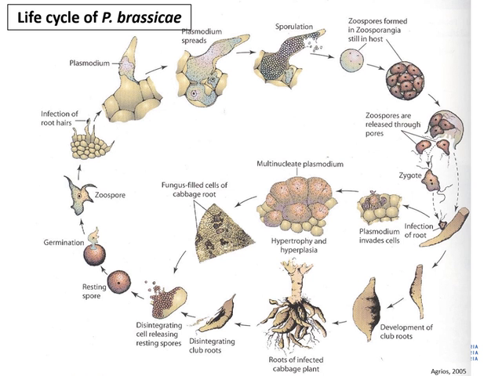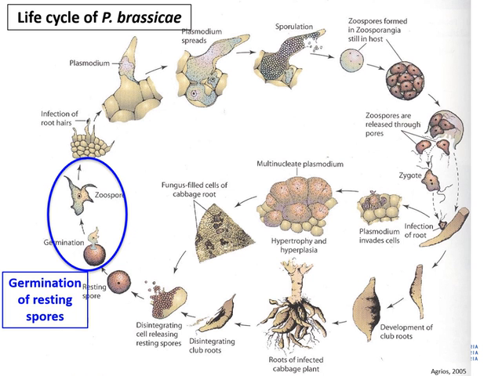So coming back to the life cycle of Plasmodiophora, we now know where the primary inoculum comes from, but what happens once a plant is in the field? The resting spores will start germinating in the presence of root exudates. And when they germinate, they produce zoospores.